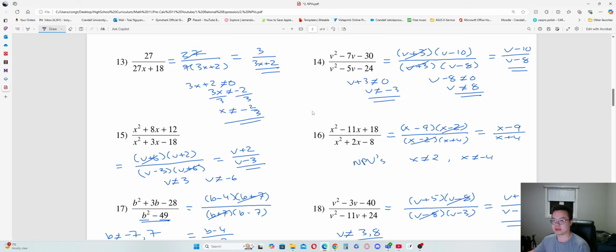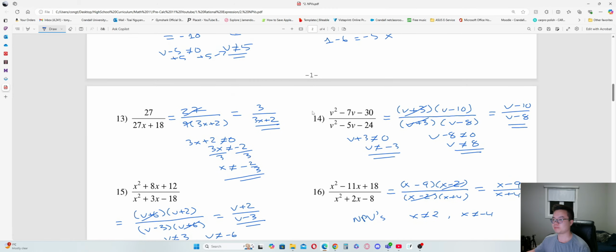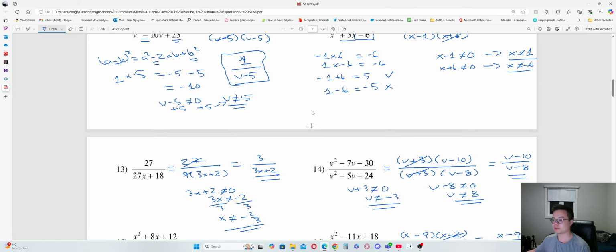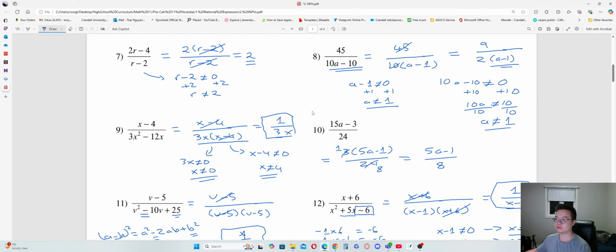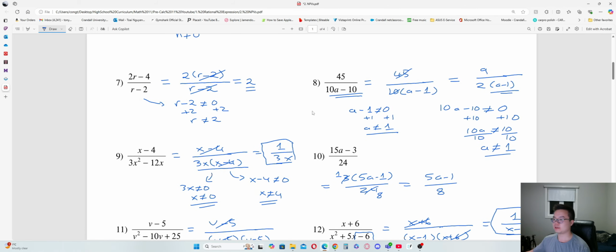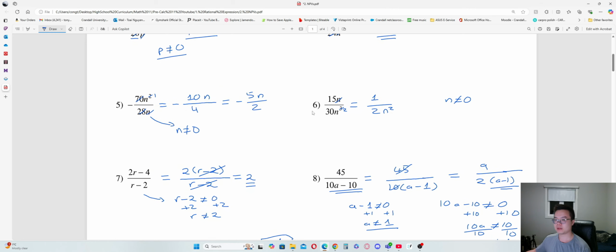But in this practice, I want you guys to do a lot from the factor, so we would know how to find NPVs as well, because when you do multiplication, division later on, you would need to find NPVs a lot while you do calculation. So this is basically a good way to practice for you guys to get ready for rational expression in more detail. So this is it for episode 2, series 1.